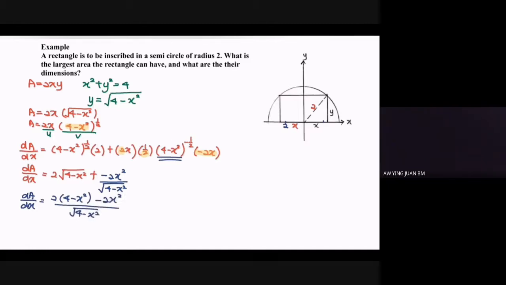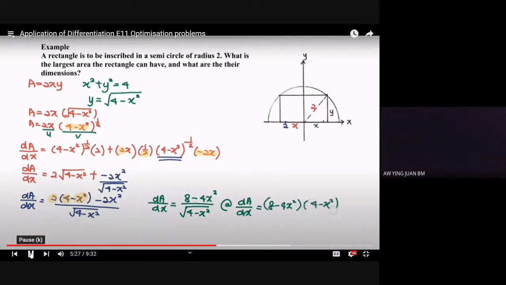Simplify the situation. So in here, we notice that we have 8, negative 2x squared, negative 2x squared. So finally, dA/dx is equals to 8 minus 4x squared over square root of 4 minus x squared. Or dA/dx is equals to 8 minus 4x squared bracket 4 minus x squared power of negative 1 over 2.